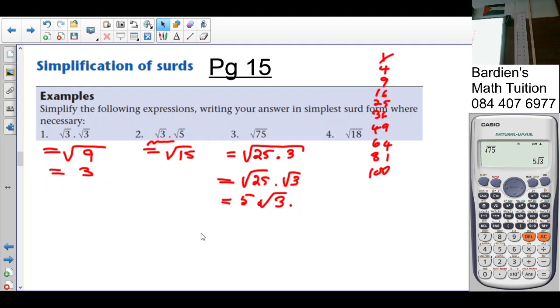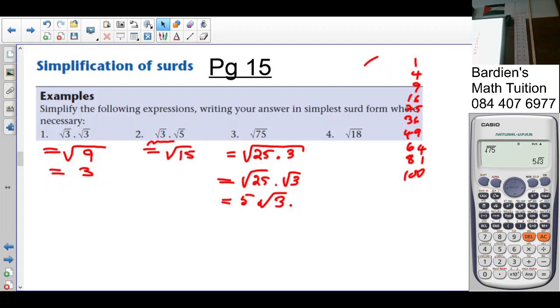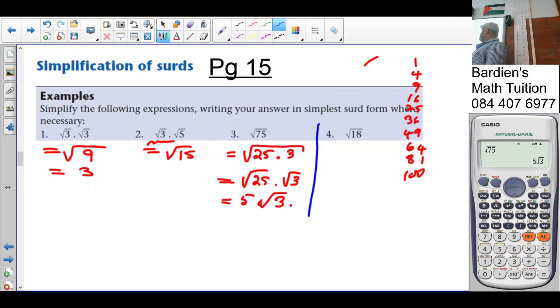Alright. So you guys do 18. Okay, so 18 can be written as what?